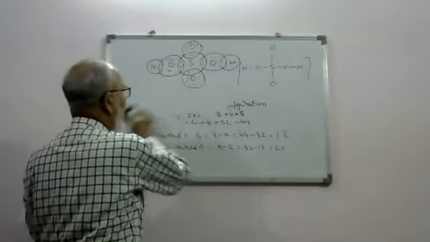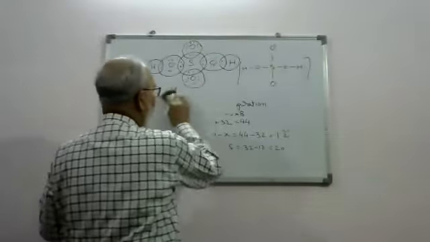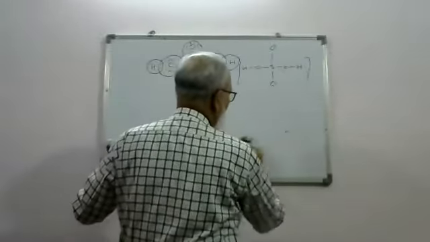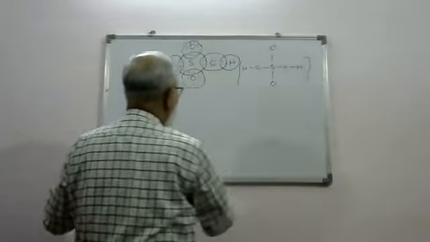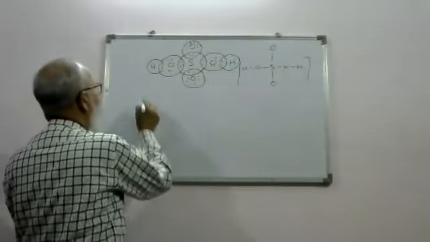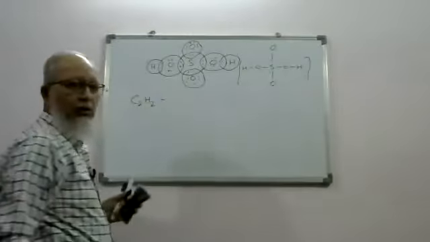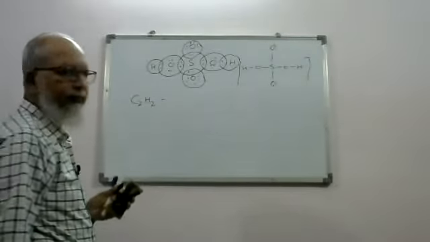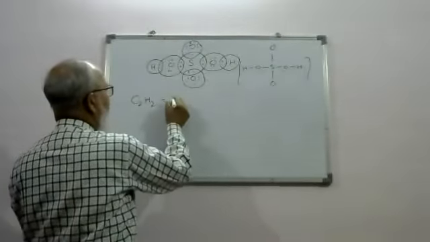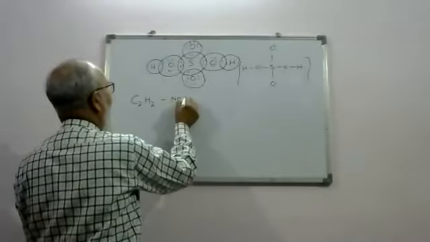Now take another case, suppose it is your C2H2. First you calculate X. X means number of valence electrons.